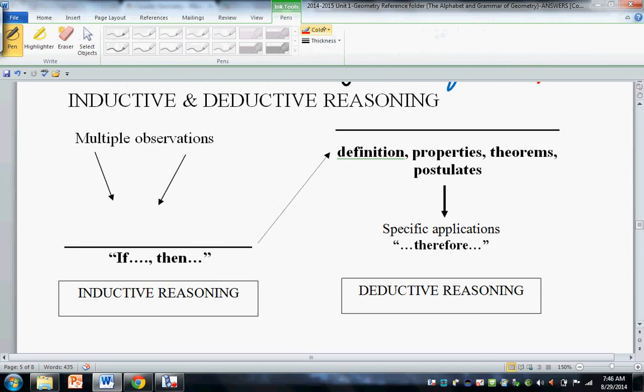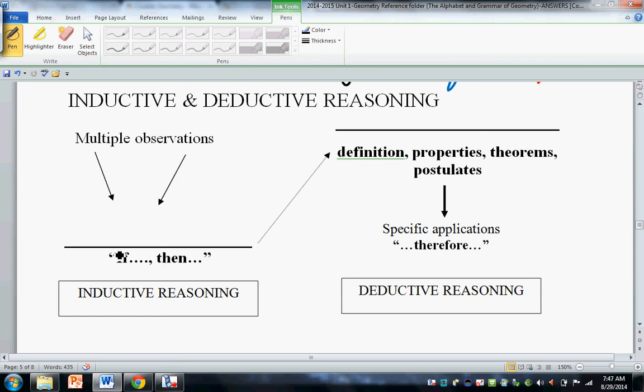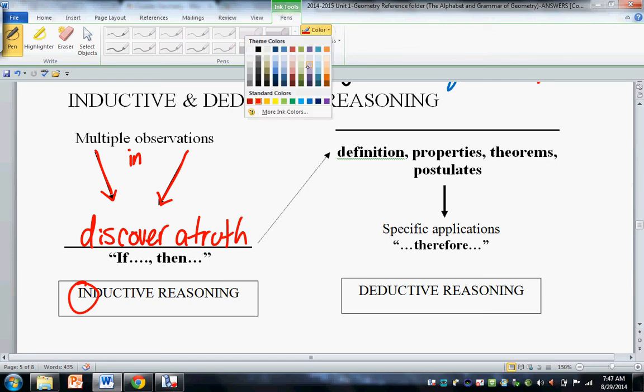In inductive reasoning, okay, circle the word in, you take in multiple observations of something and you discover a truth.